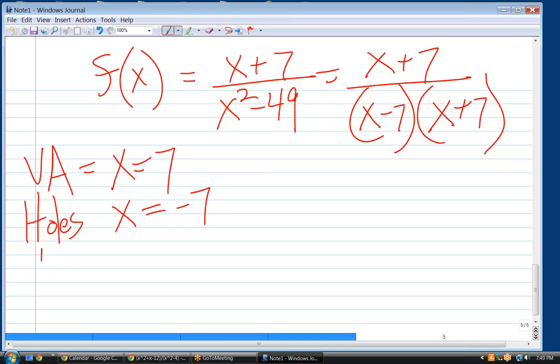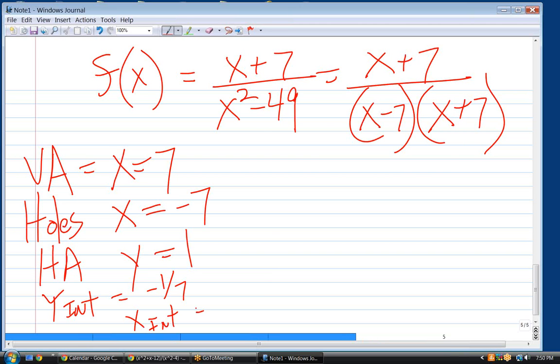So, okay, horizontal asymptotes. 1. Y-intercept. Negative 1 over 7? Correct. Negative 1/7. X-intercepts.